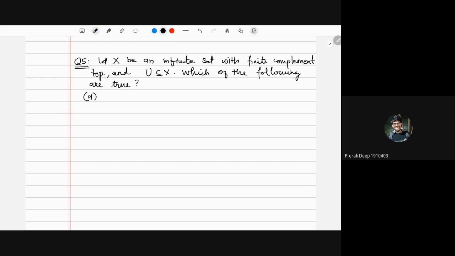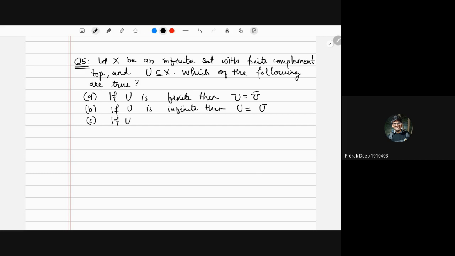Okay. Option A, if U is a finite set, then U is equal to its closure. Option B, if U is infinite, then U is equal to its closure.